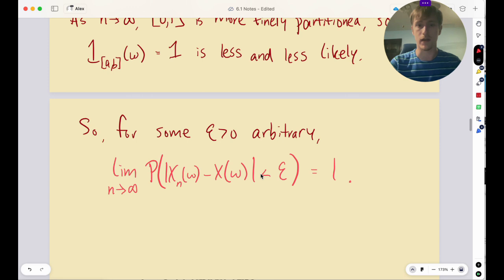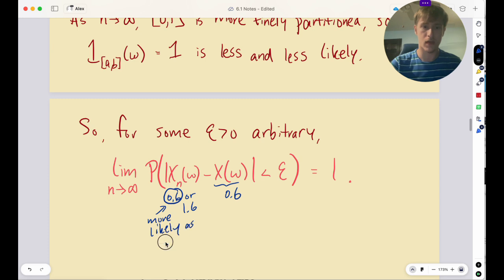Why? Well, this is for sure 0.6. This is either going to be 0.6 or 1.6, where this is more likely as n goes to infinity.